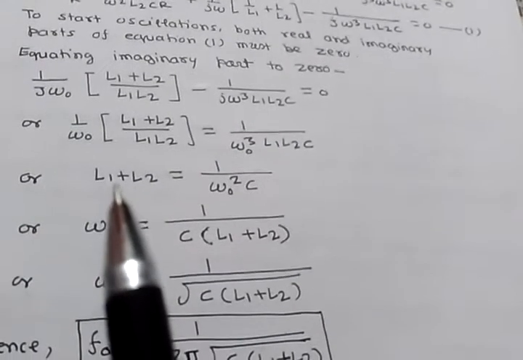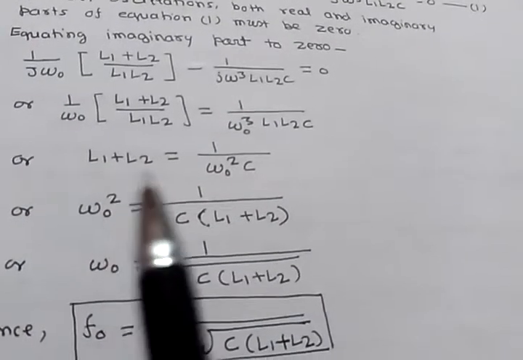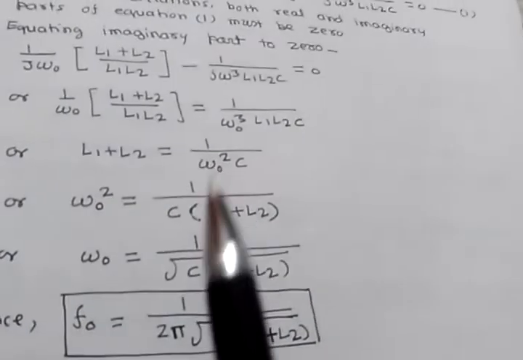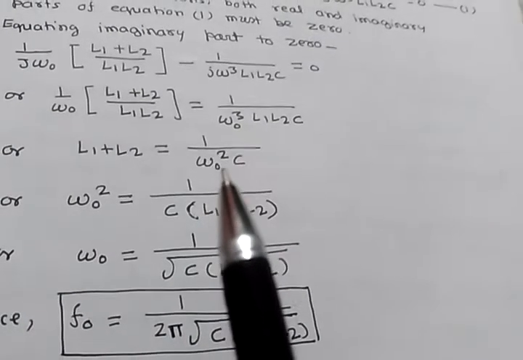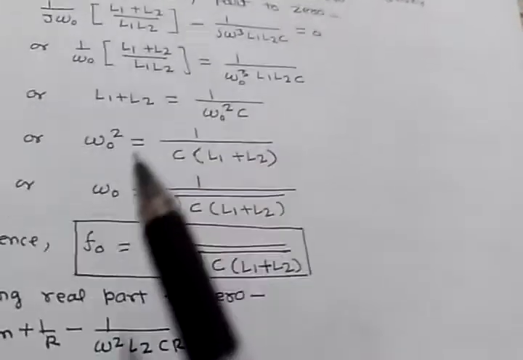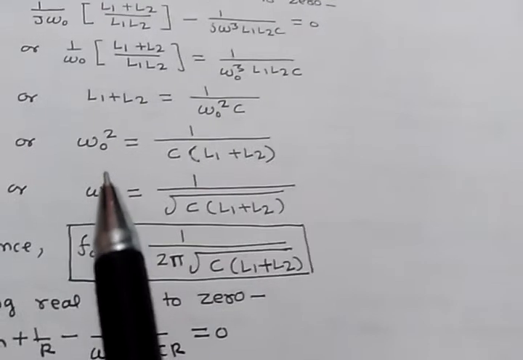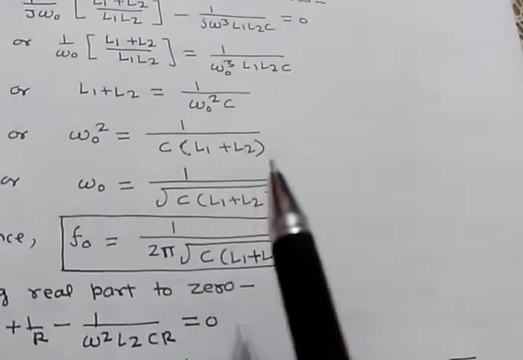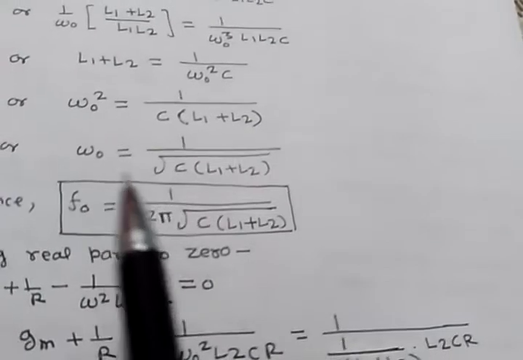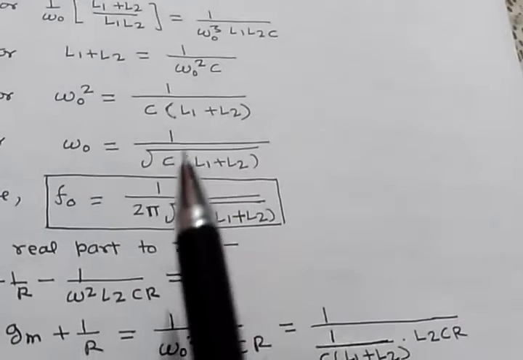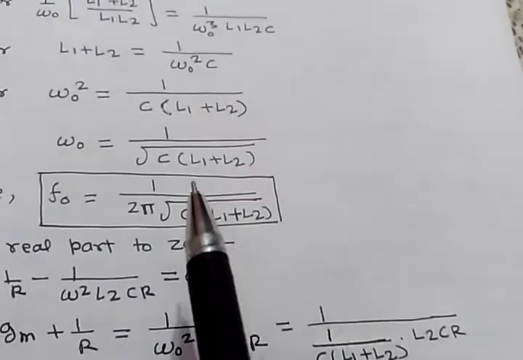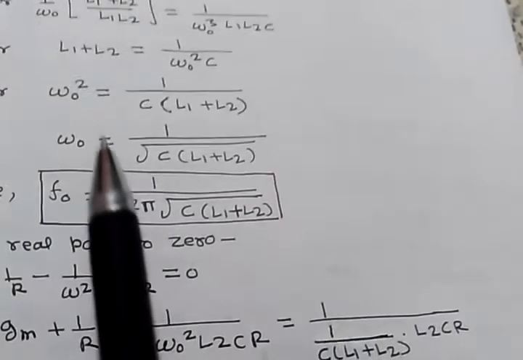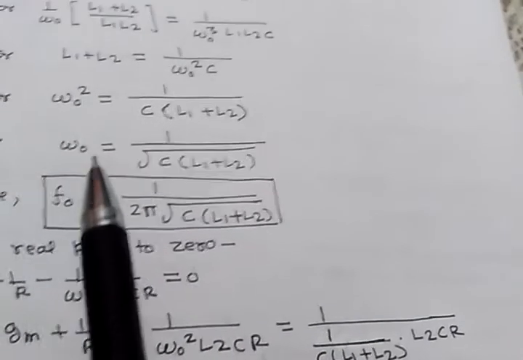On simplification we will get L1 plus L2 equals 1 upon omega naught square C. So omega naught square equals 1 upon C (L1 plus L2), and omega naught equals 1 upon square root of C (L1 plus L2). This is the angular frequency of the signal.